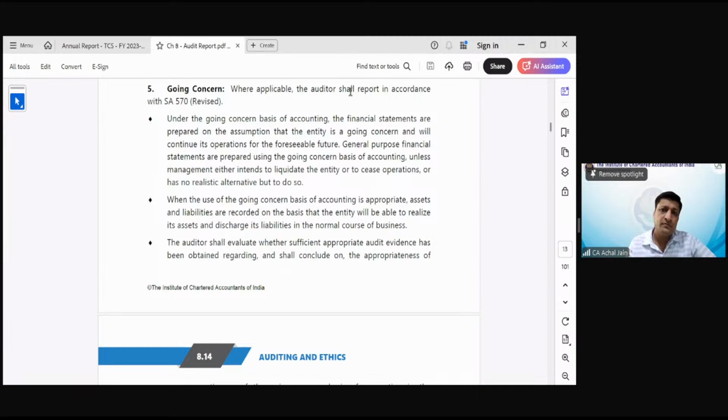Over to you. So when it comes to the going concern, what is required to be considered? Quickly. So what will you do? What will you include in respect of going concern? Tell me quickly. In respect of going concern, what do you include?